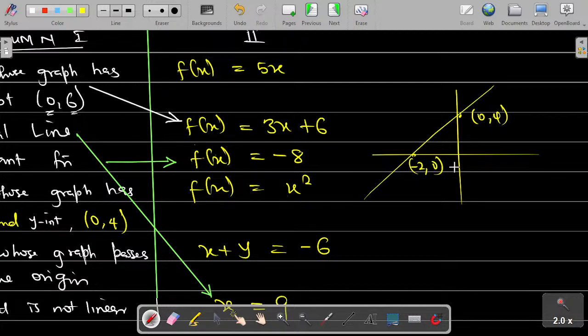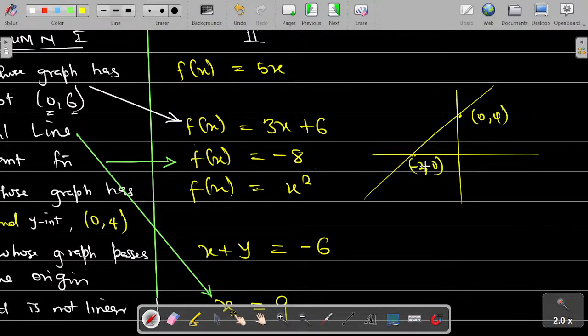When you're given 2 points, you can actually use it to determine your equation. In this case, you can already see that your slope here is actually going to be a negative slope because it's slanting this way.